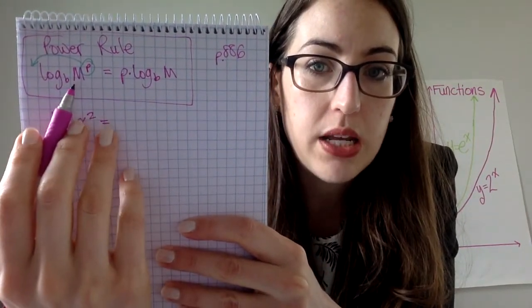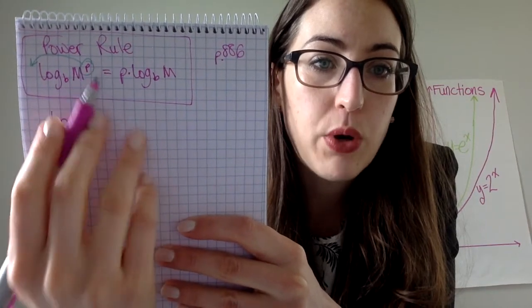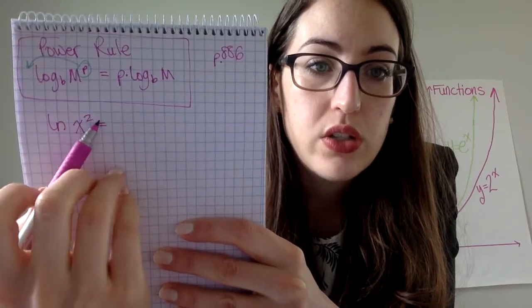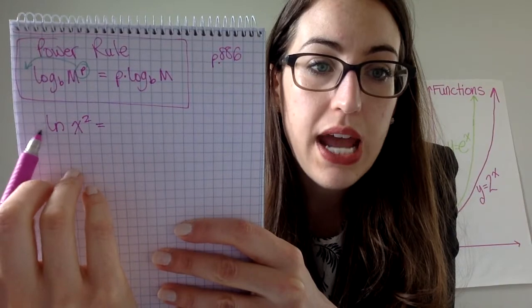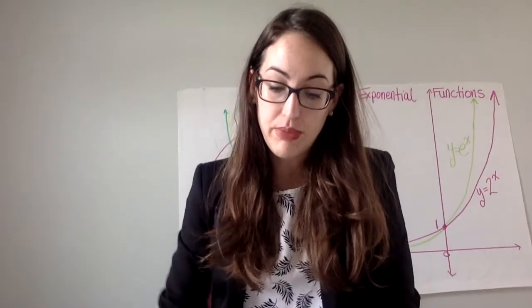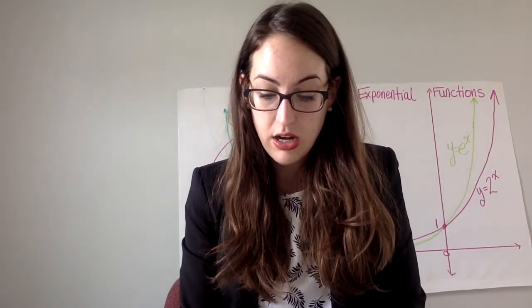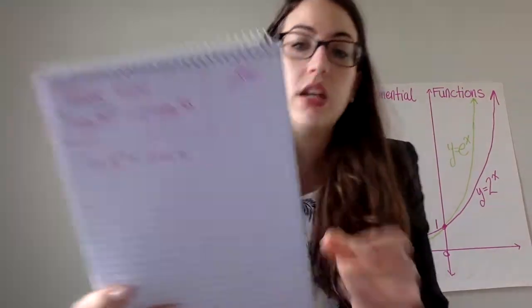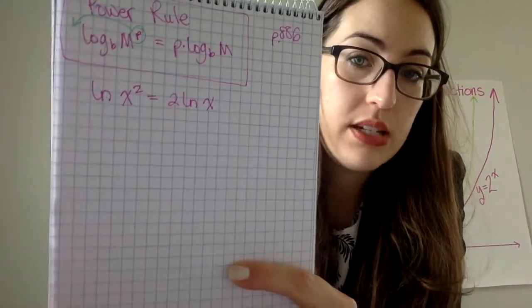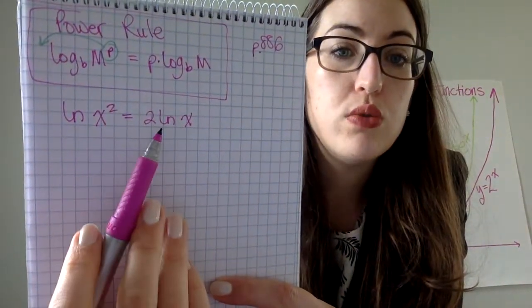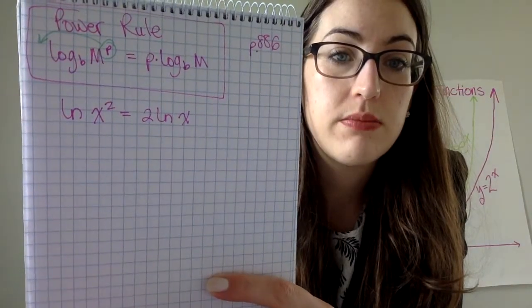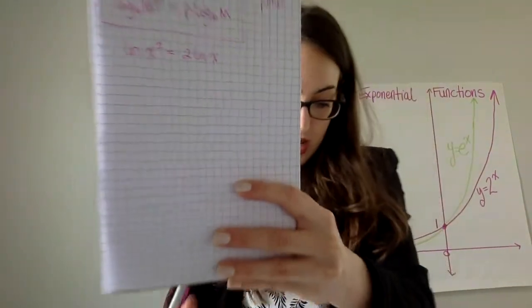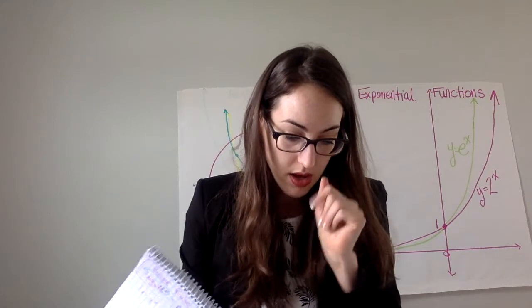The exponent, the p, is the 2. So that 2 gets brought out front, and it's 2 times natural log of x. You don't have to write the times sign. It's assumed. So 2 times natural log x, and that's it. Most basic example of that.